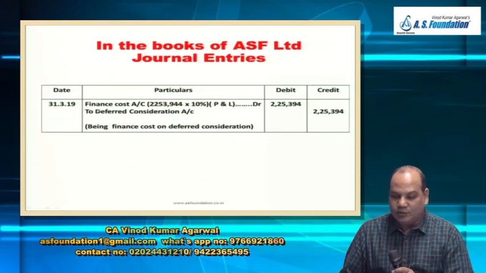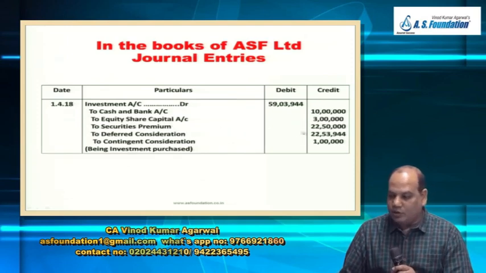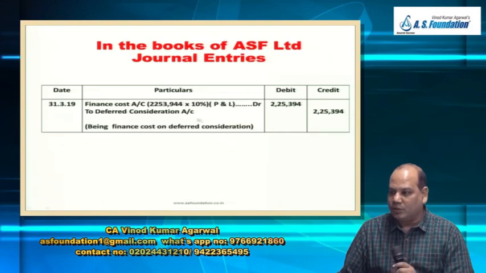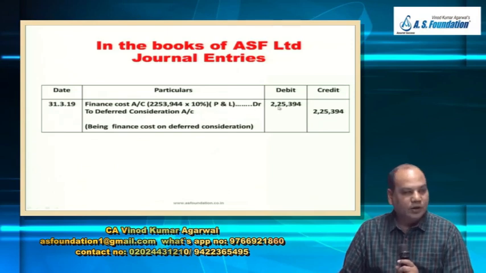Then we'll go to end of the year. We have recorded deferred consideration at present value. So every year 10% interest will be calculated on the opening balance. Entry number 2, 31st March 19. Finance cost account debit 2,25,394.